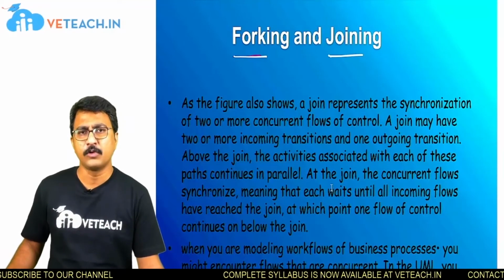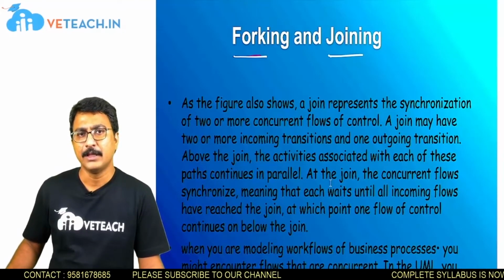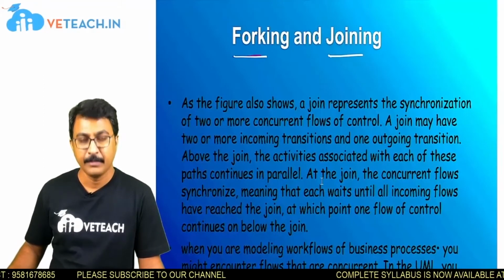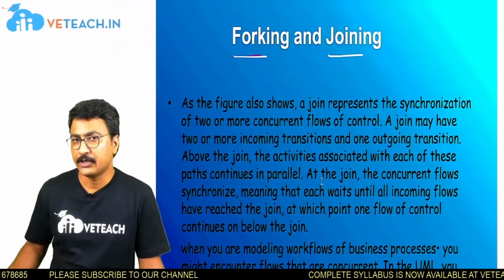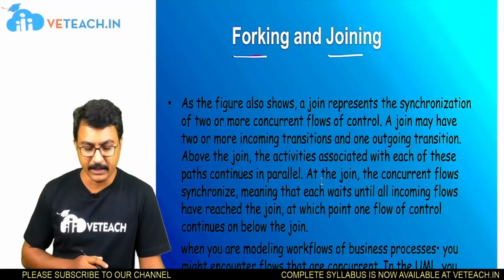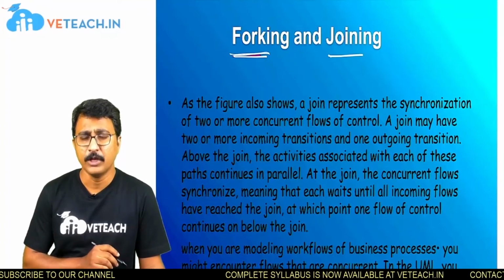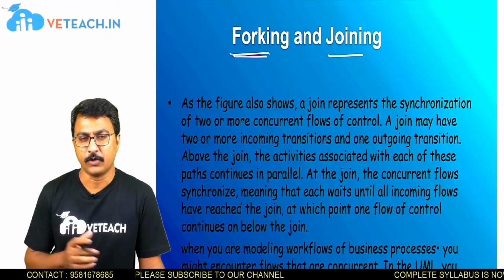The flow of control from an activity or an action state can be split with the help of a fork. So what does a fork do? It splits the flow of control.